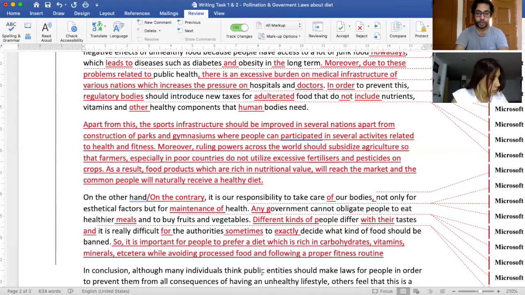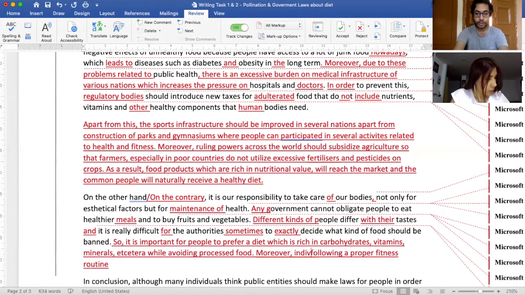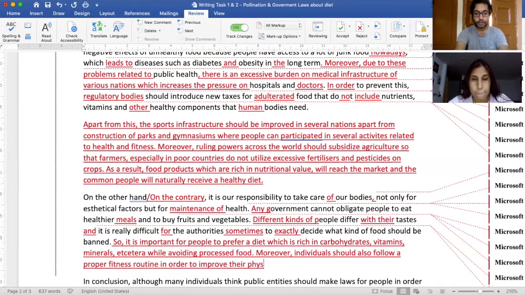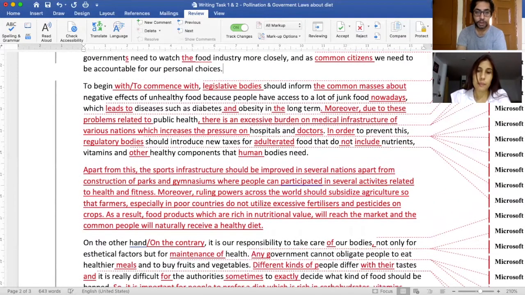Or let us finish it here and say that moreover individuals should also follow a proper fitness routine in order to improve their physique, right? So it's the responsibility of both parties.